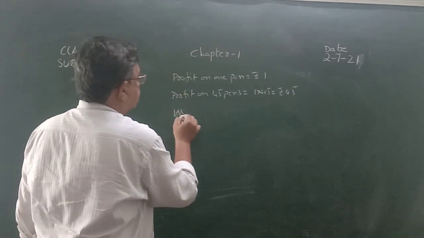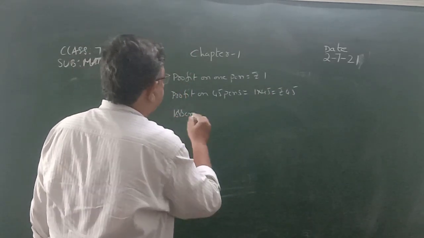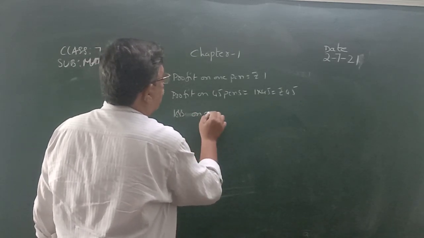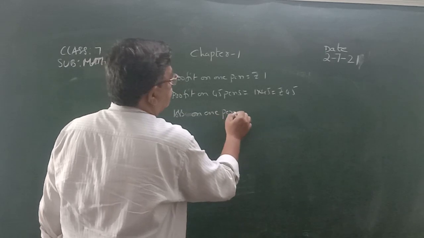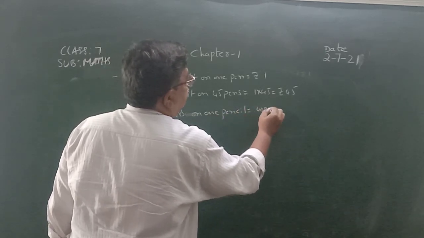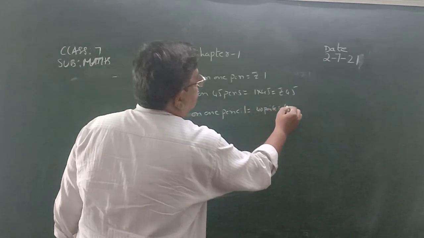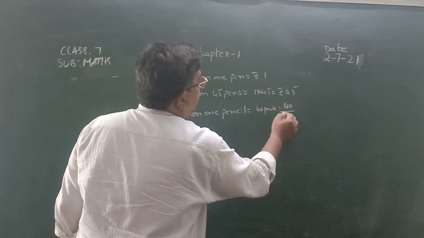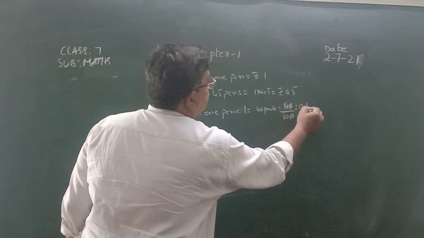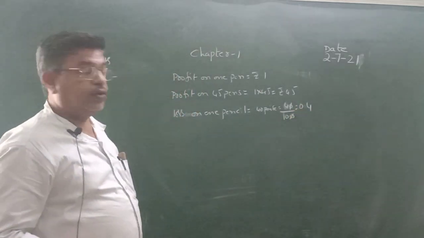Loss on 1 pencil is equal to 40 paise. We want to convert this into rupees: 40 by 100, since 1 rupee equals 100 paise. The zeros cancel. 4 by 10 you can write as how much? 0.4.